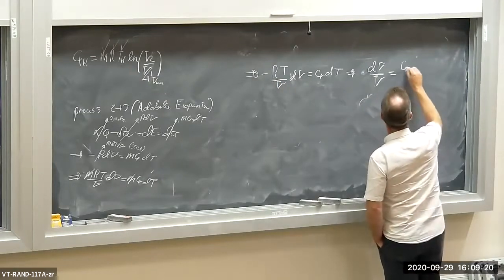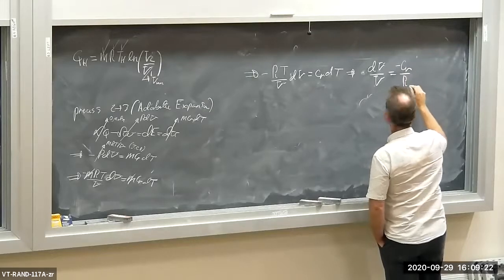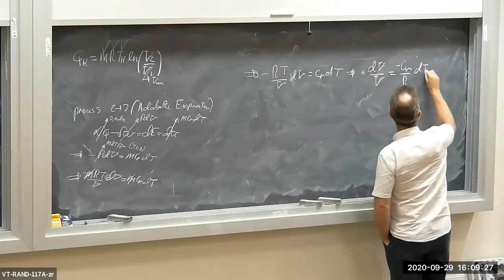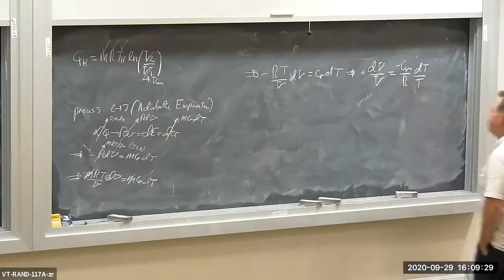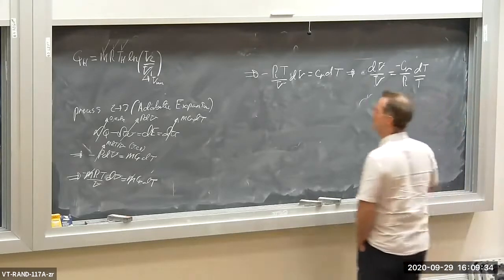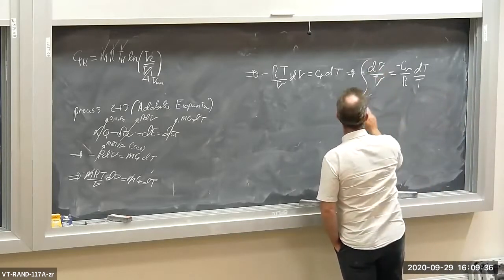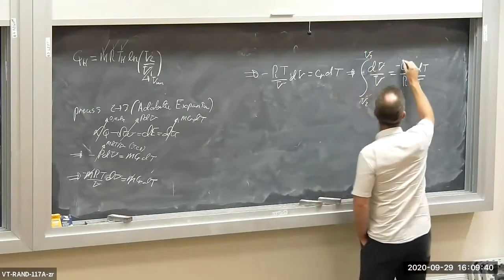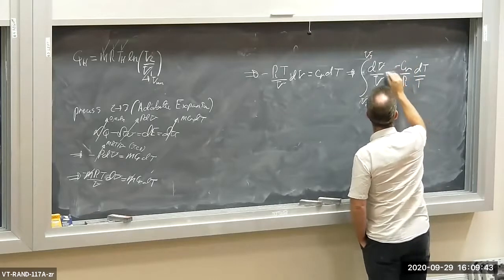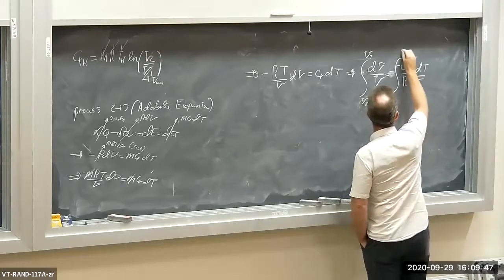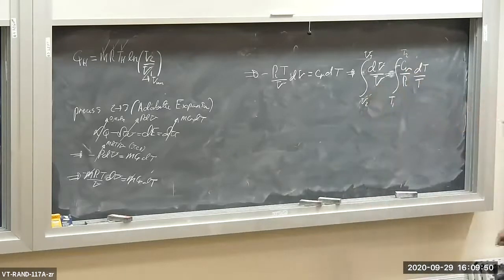I have negative CV over R, and then I have dT over T. Let's integrate this over the process 2 to 3, from volume V2 to volume V3 on the left, and from T2 to T3 on the right. The variable of integration is volume on the left, temperature on the right.